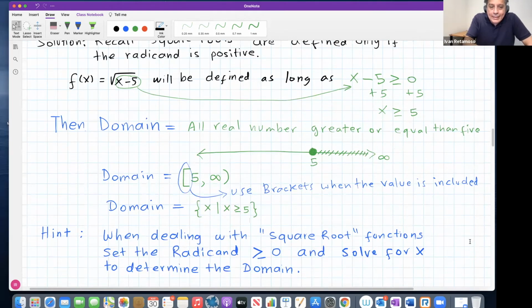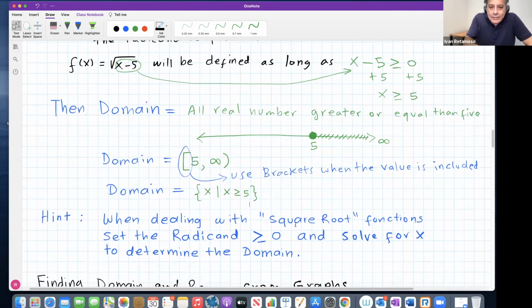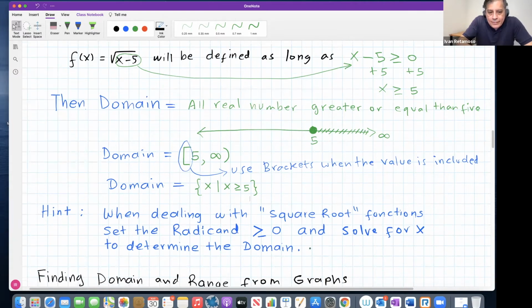So the hint is, guys, when dealing with square root functions, set the radicand, the inside part of the radical, to be greater or equal than 0, and solve for x to determine the domain. That will be the technique to determine the domain.